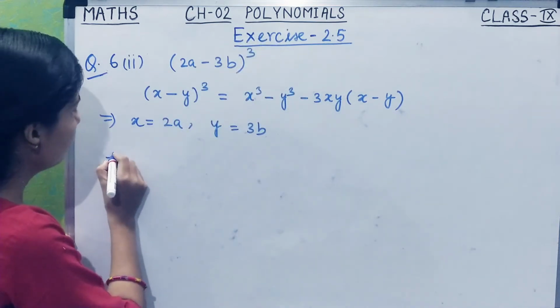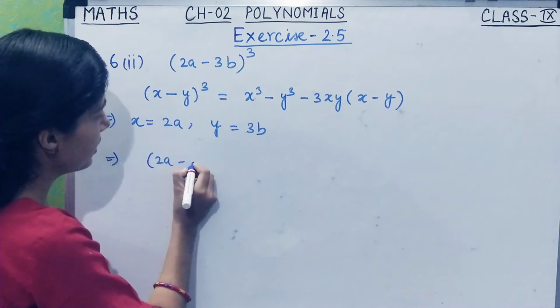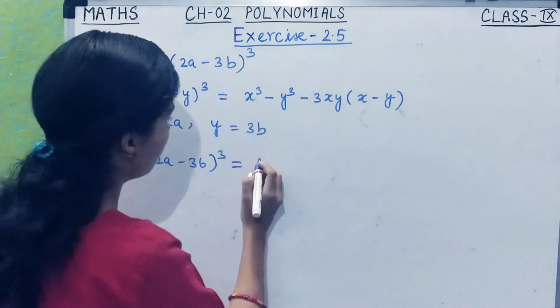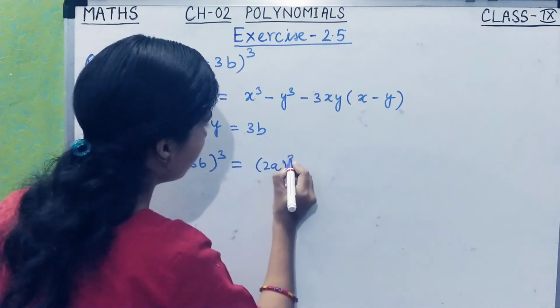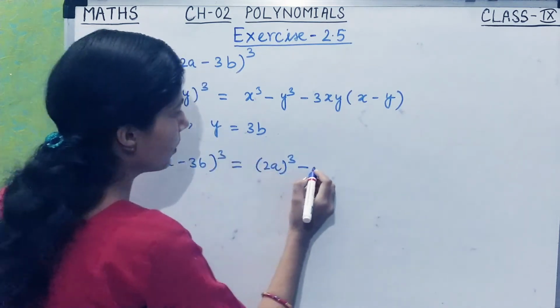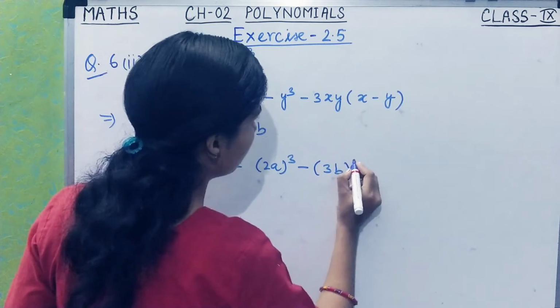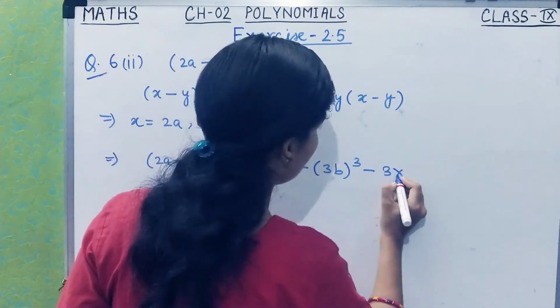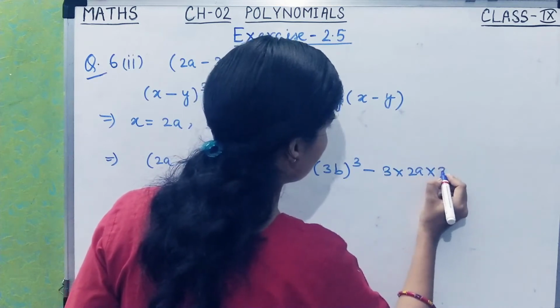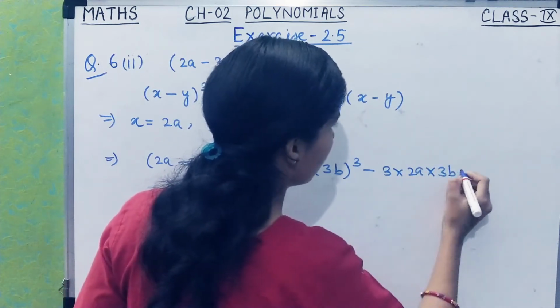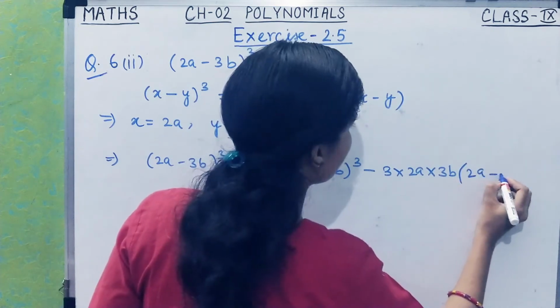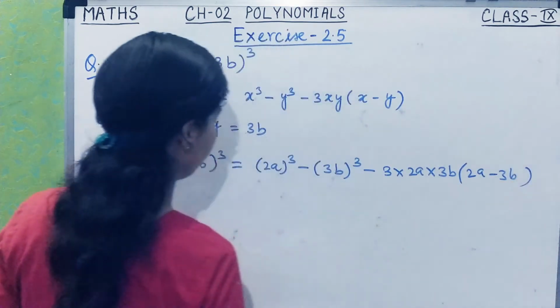So (2a - 3b) whole cube is x cube, meaning (2a) whole cube, minus y cube, meaning (3b) whole cube, minus 3 into x into y, meaning 3 into 2a into 3b, and in bracket x minus y, that is (2a - 3b).